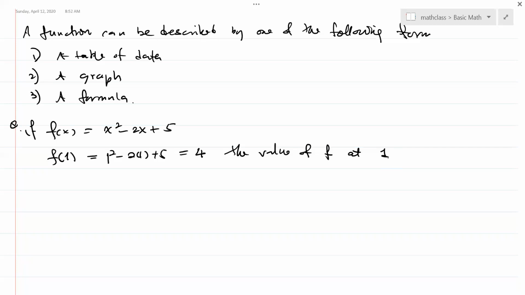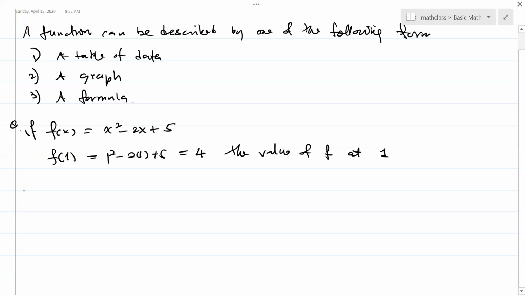You can also use two letters to denote the name of a function, just like your name. You can have five letters to name a function. Someday when you do programming, you will see that you can use six, seven letters even to describe a function.